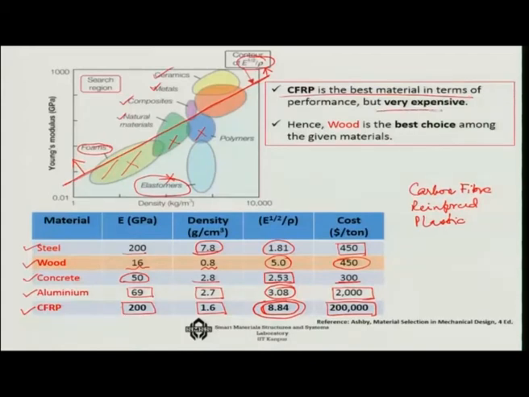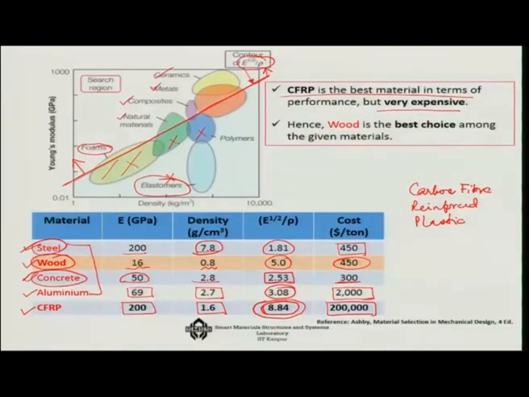So, I would say that CFRP is a very good choice, but it is very expensive. If there is some application where you want a lightweight material but you cannot afford CFRP, then you should go for the next best. Cost wise, from CFRP you can go to concrete, and if concrete is not okay, you can also try wood, and then your choice will be between steel and aluminum.